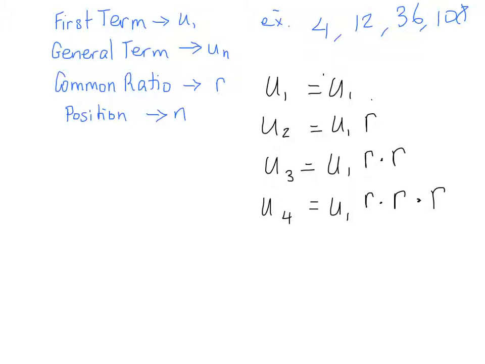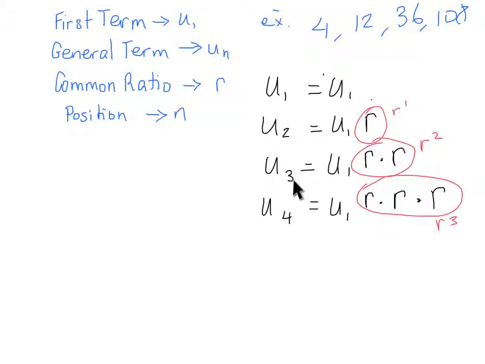So here's the thing. Here we have r to the first power. Here we have r to the second power. Here we have r to the third power. So u1 is always being multiplied by r to some power. So how do we figure out what the power is here? Well, when we're looking for the second term, the exponent of r is 1.